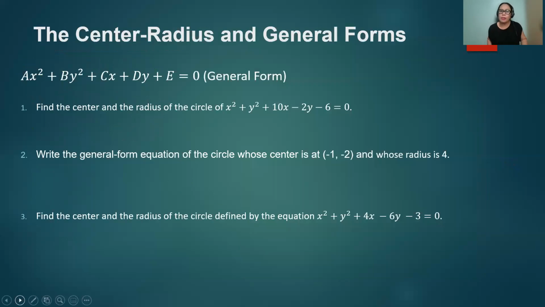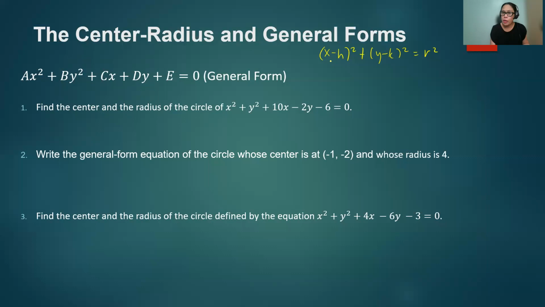This time we have the general form. The general form can be derived from the center-radius form. Remember again that this is the center-radius form: (x minus h) squared plus (y minus k) squared equals r squared. By expanding the binomials on the left side, then transposing r squared to the left side and equating everything to 0, we will come up with the general form.